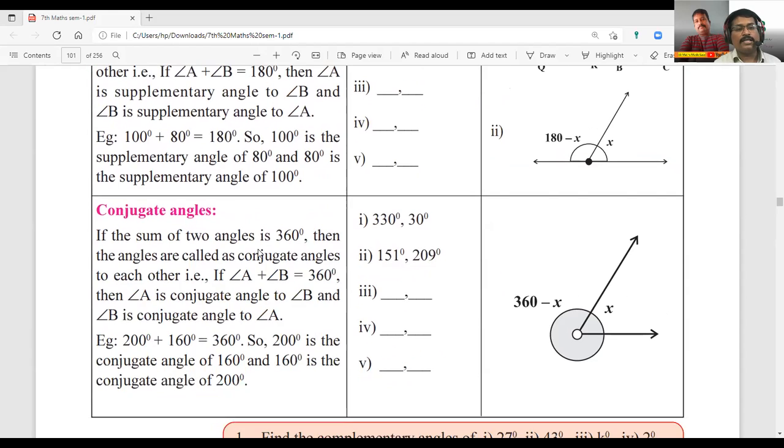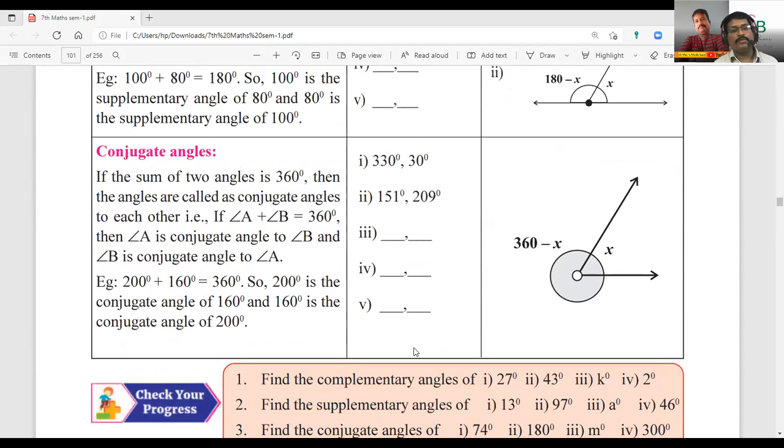So conjugate angles: if the sum of two angles is 360, then the angles are called conjugate angles to each other. Otherwise, if the sum of the two angles is 360, then we call them conjugate angles. So, for suppose, can I take that?